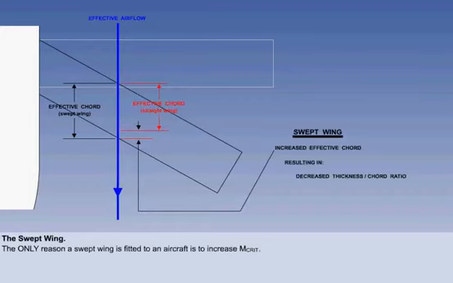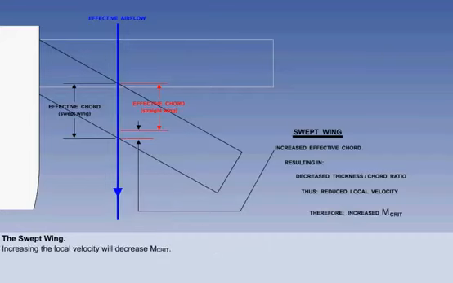This results in a decrease in thickness chord ratio, which has the effect of increasing the length of the stream tube. Thus, the local velocity is decreased, and therefore Mcrit is increased. And vice versa. Anything which causes an increase in local velocity will decrease Mcrit. For example, a downgoing aileron.